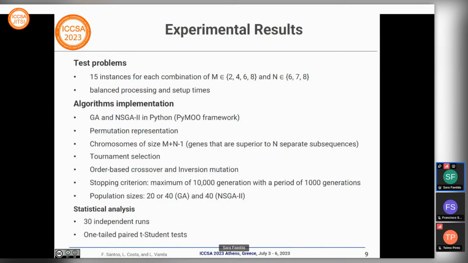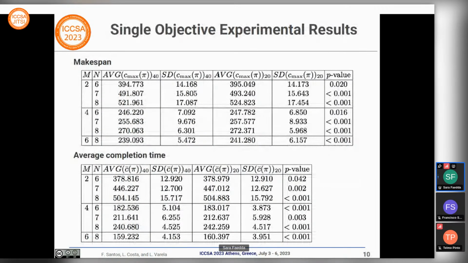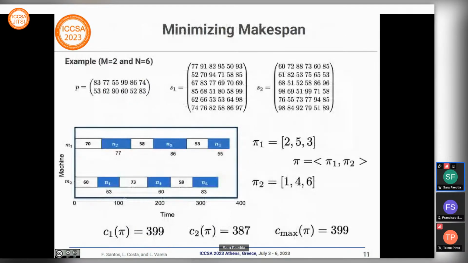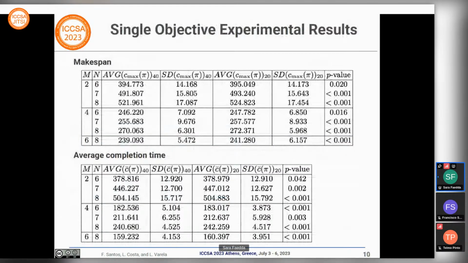These are some results. In these tables, we have the results for the two objectives optimized separately. For different combinations of number of machines and number of jobs, we have the results in terms of the average and standard deviation for the makespan with the population size of 40 chromosomes and the population size of 20 chromosomes.